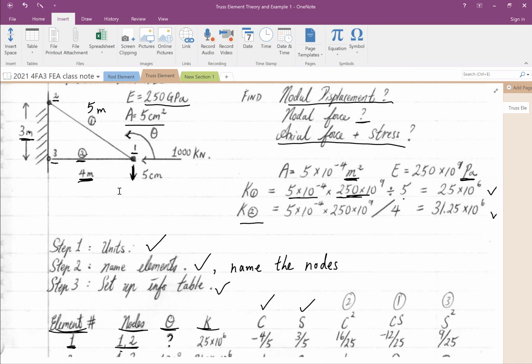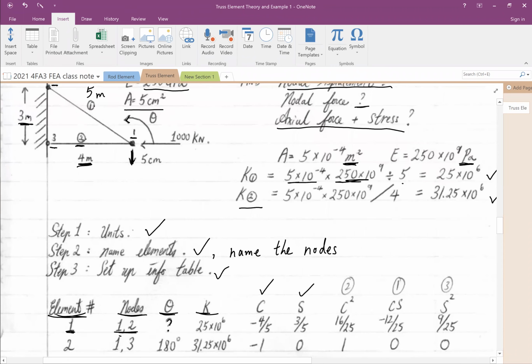What if I have node 2 to 1? Then what is my cosine? The cosine will be +4 over 5.